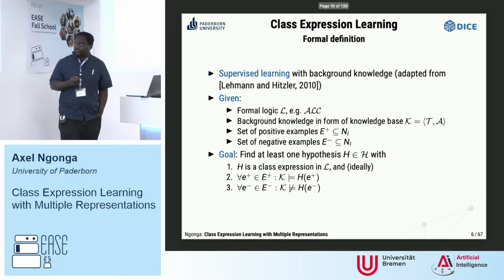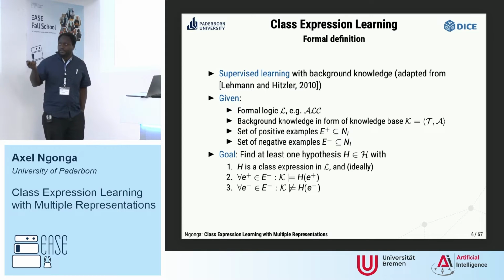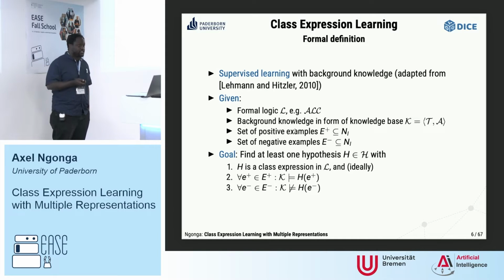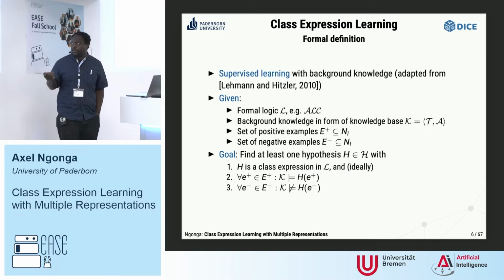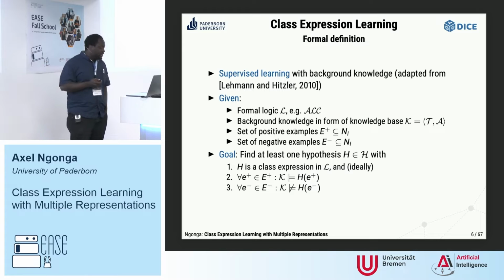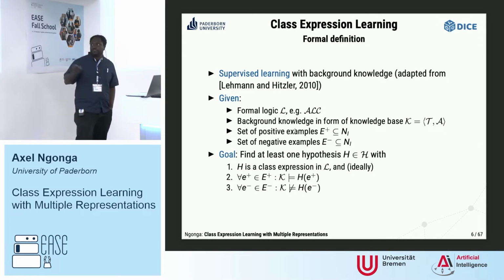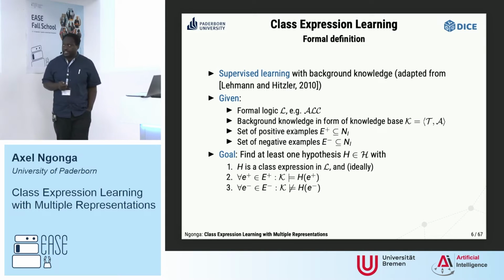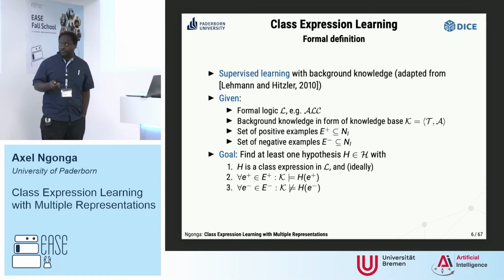The problem which we're trying to solve is to find, and you'll find in the literature there are several formulations of the class expression learning problem, we're going to be working with this one, where we are to find at least one hypothesis H, which belongs to a set of hypotheses, such that, number one, H is a class expression in L, so in the formal logic that was given to us.